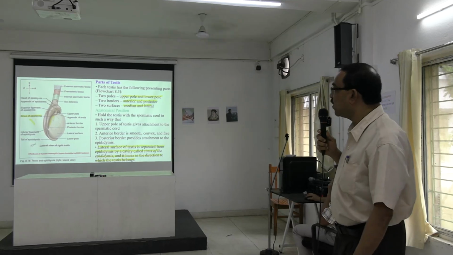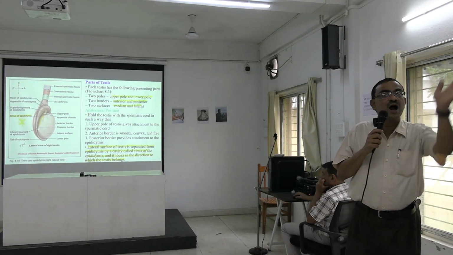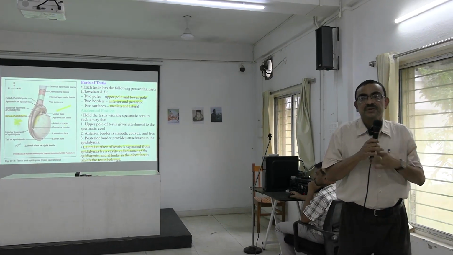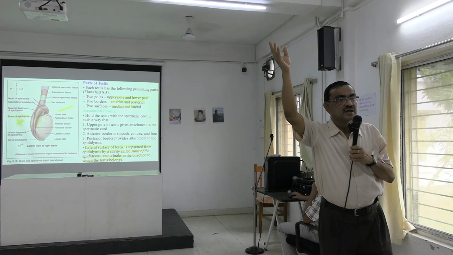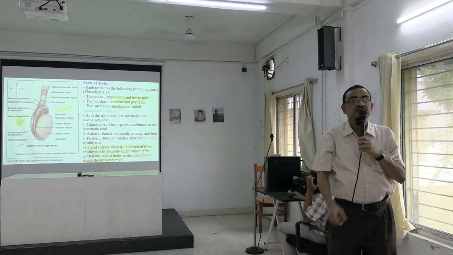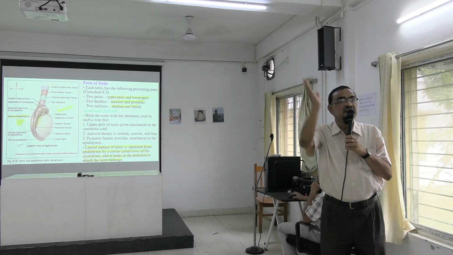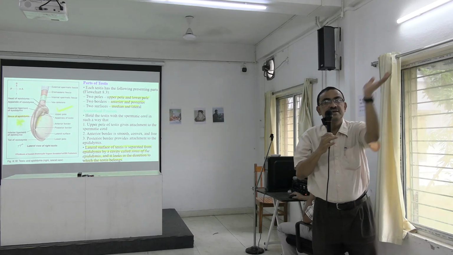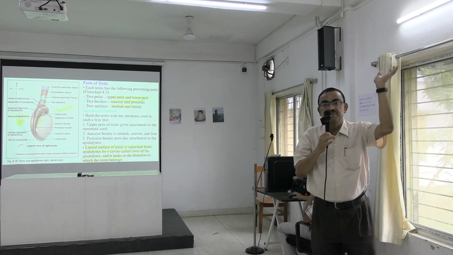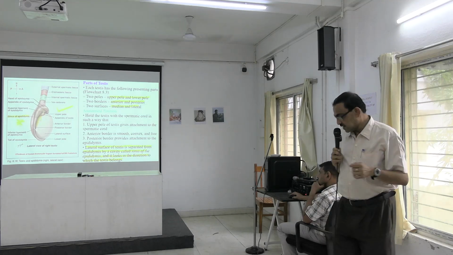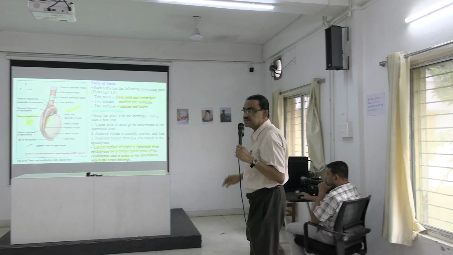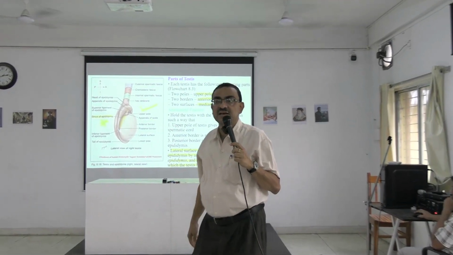The upper pole is directed upwards and laterally, and the lower pole is directed downwards and medially. So the testis remains inclined within the scrotal sac, with its axis passing downwards and medially.